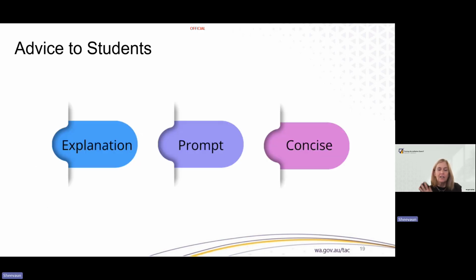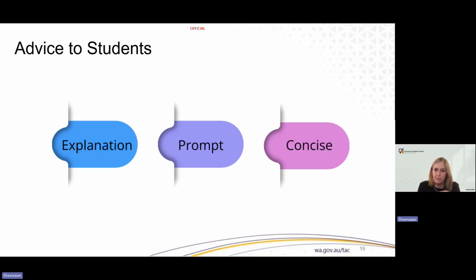Okay. So let's assume then that you've done your review of the students' skills and LLND, and you now have to provide them with advice. A lot of the questions are, well, what does this advice look like? And again, this will go back to the previous slide. Who are your students? What's the nature of your training program?